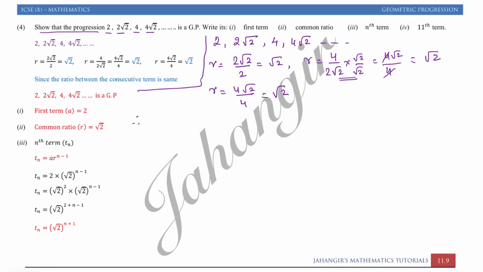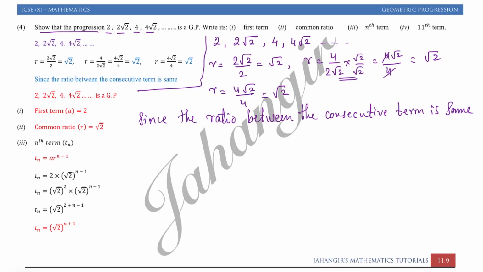So therefore I will write, since the ratio between the consecutive terms is same, therefore I can say 2 root 2, 4, 4 root 2 dot dot is a GP.